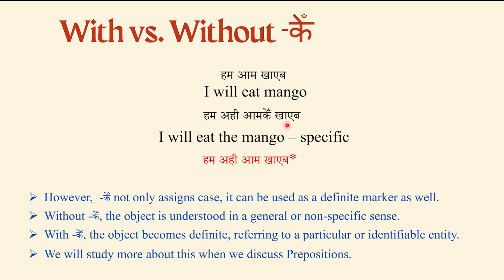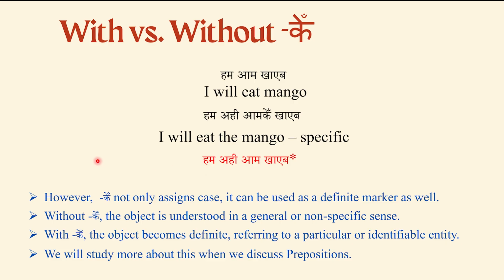So, when you are going to specify it particularly, even though the verb is kha, which does not require the overt mark of ka, the ka has been used because the emphatic marker ahi has been used here. You cannot say hum ahi aam khayab, that would be a wrong sentence. You need to say hum ahi aam ka khayab.